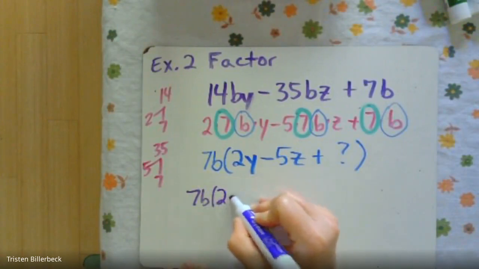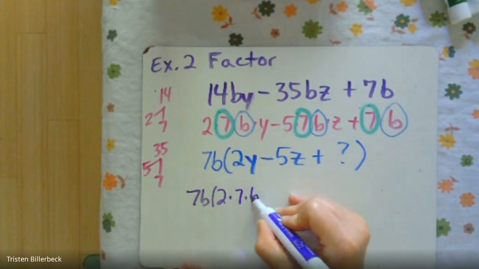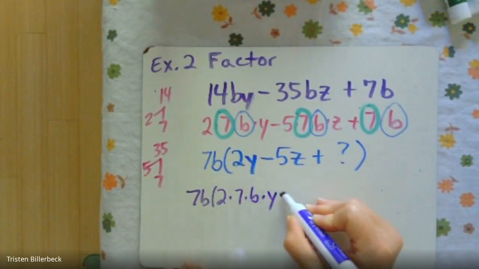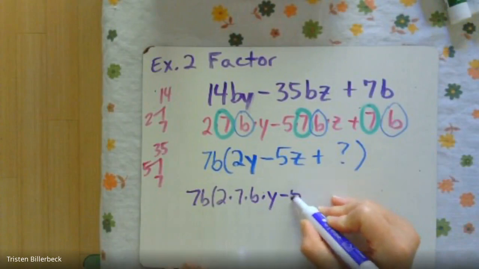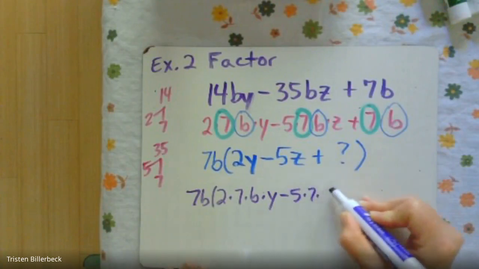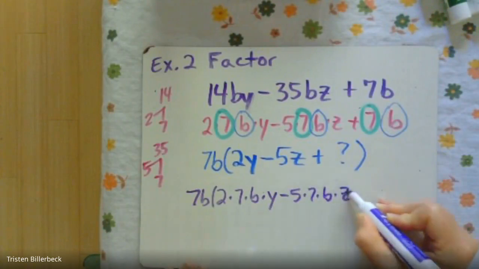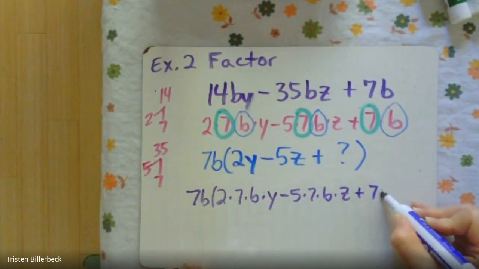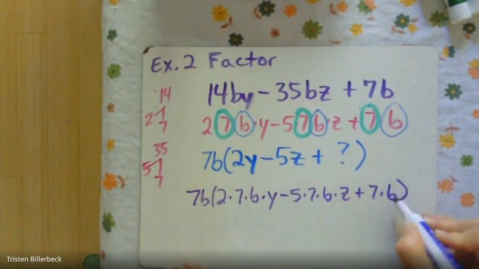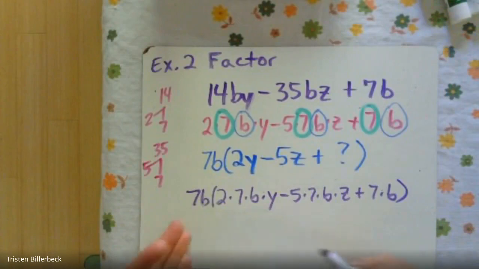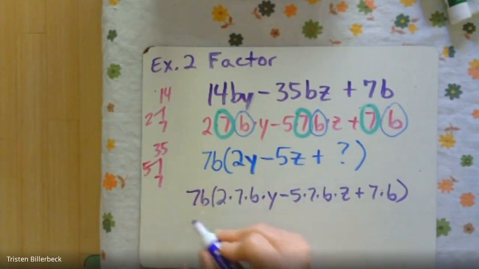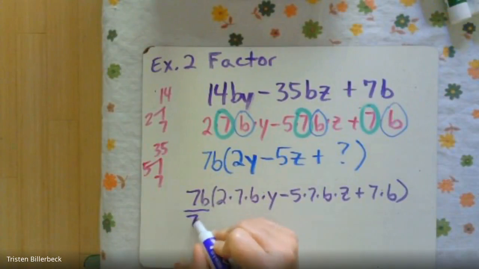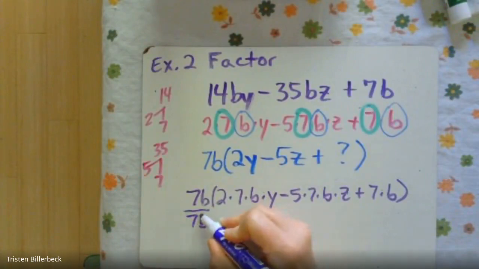So we have 2 times 7 times B times Y minus 5 times 7 times B times Z plus 7 times B. But we can't just put a 7B out here without also dividing by 7B.